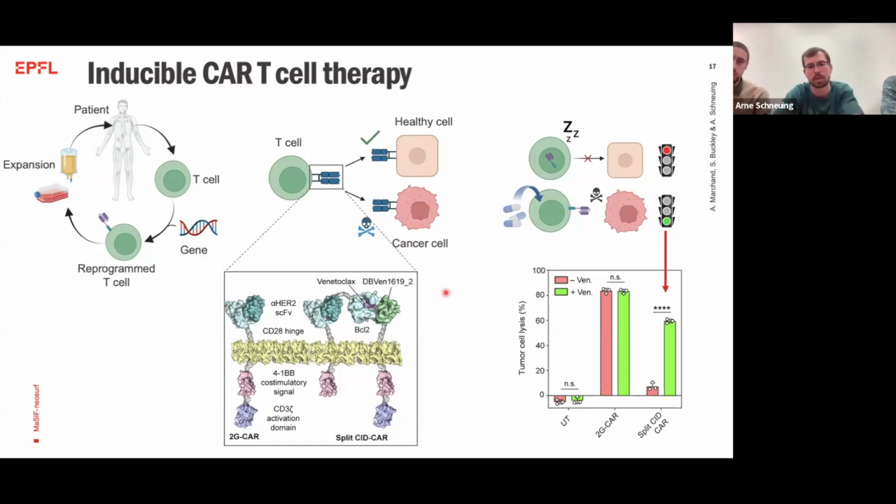And this is useful if maybe your cancer has this biomarker, but some other cells in your body also have this biomarker. So if you have a constitutively active CAR T cell, this can be toxic for the patient. And if you're able to only activate it in an inducible manner with a small molecule, you have much more control over the therapy.